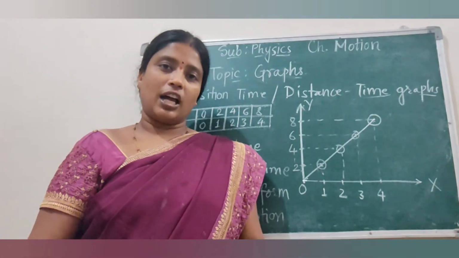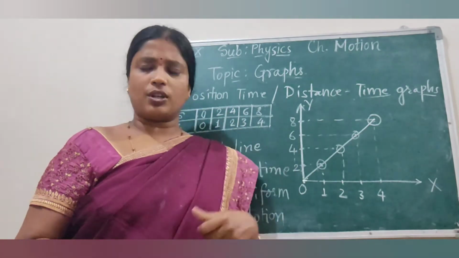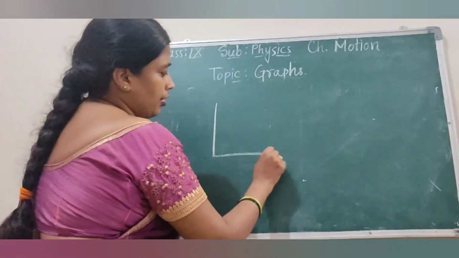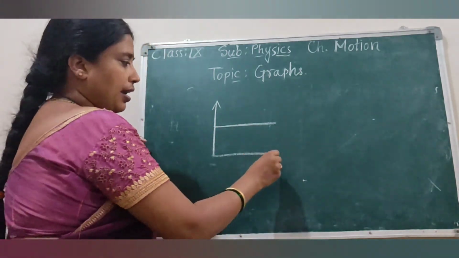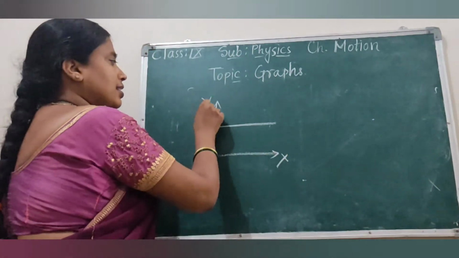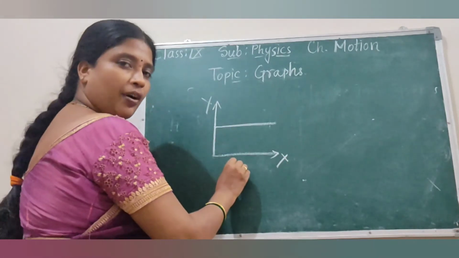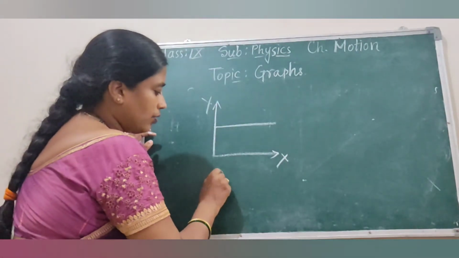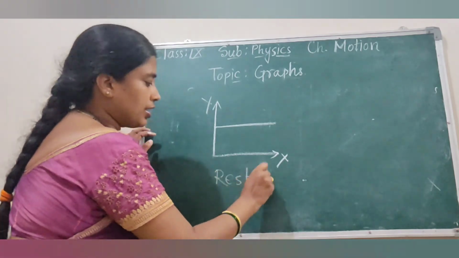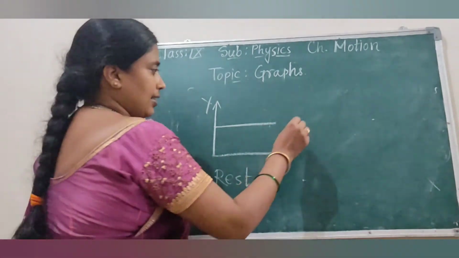Okay. So now let us quickly revise the two graphs. If the position time graph is a straight line parallel to x-axis, then this type of motion is actually, we can say that the object is at rest.